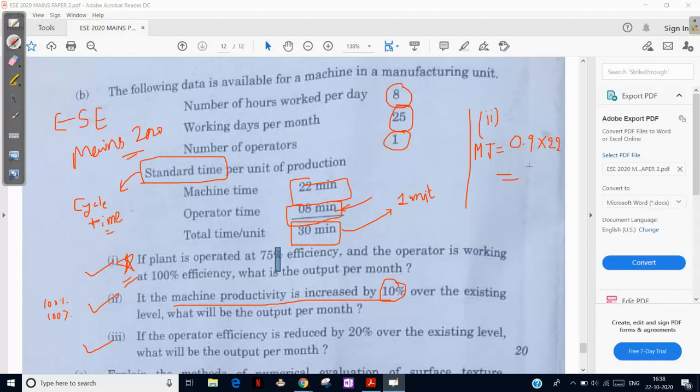0.9 of 22 is 19.8 minutes, that is the standard time for machining. So in the second case, I am writing with green, the total time per unit will be machining time MT plus operator time OT.